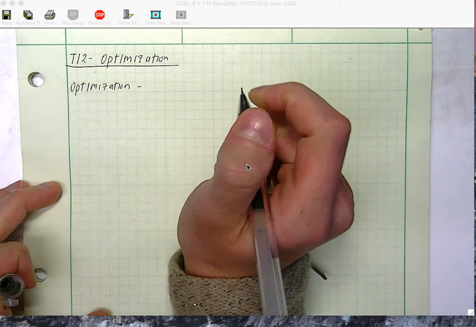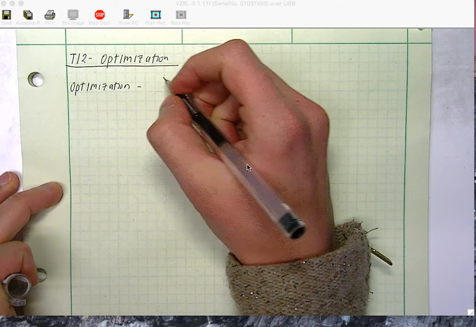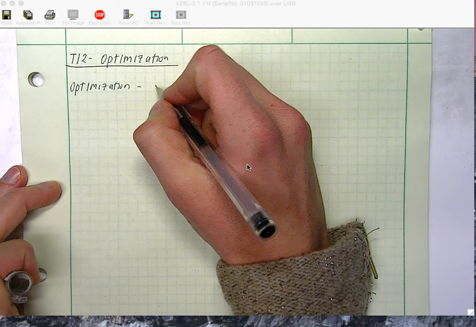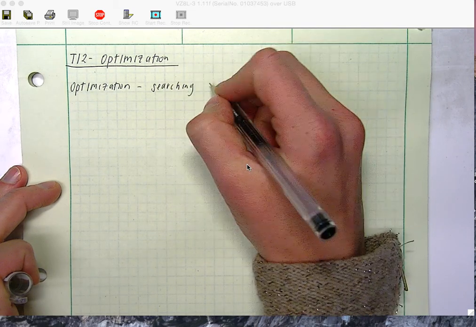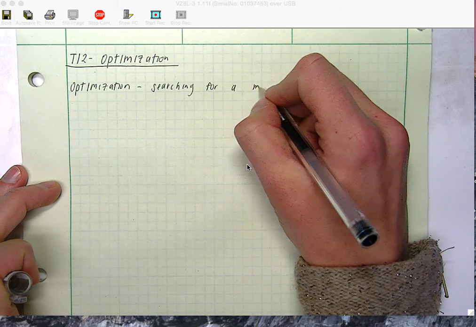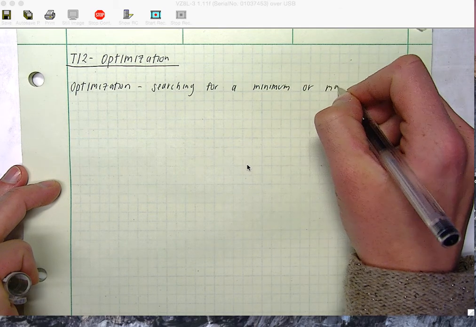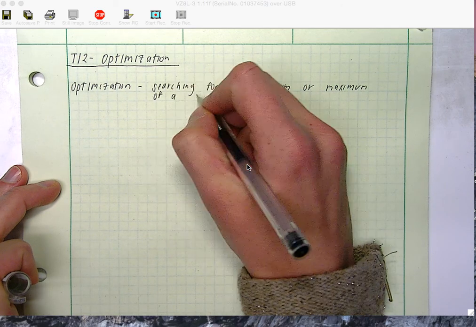So let's talk a little bit about what optimization is and what it means. In general, the idea of optimization is to write an algorithm that's searching for a minimum or a maximum of a function.